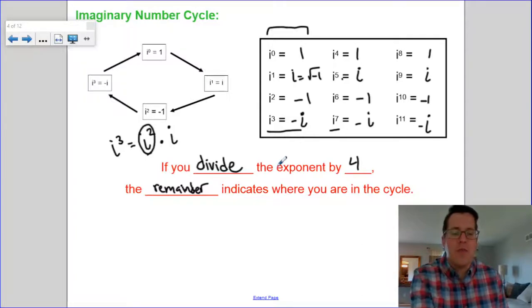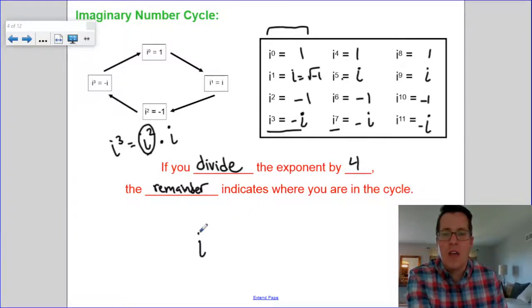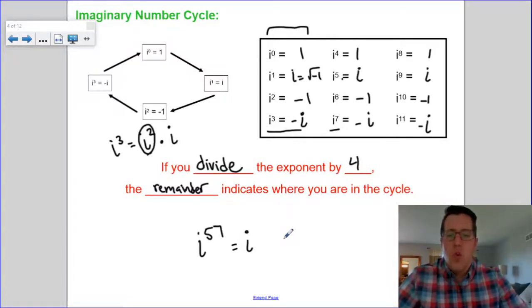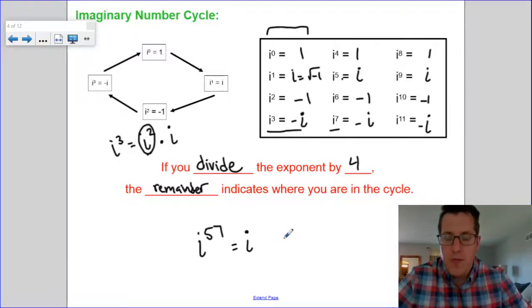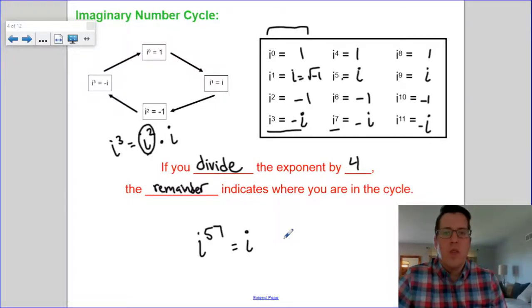So if you were asked, for example, what is i to the 57th power, you could use that little trick. So when you do 57 divided by 4, you get 14 with a remainder of 1, which is how you know that it is i to the first, which is i.